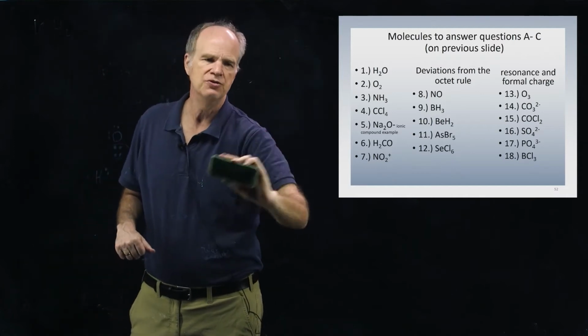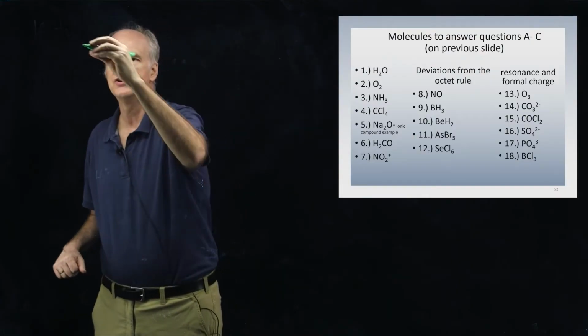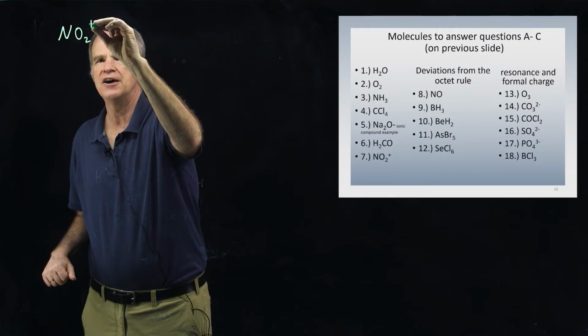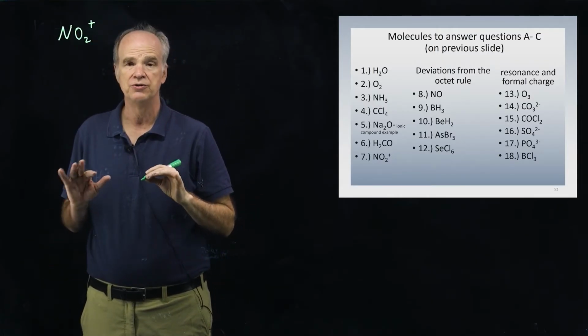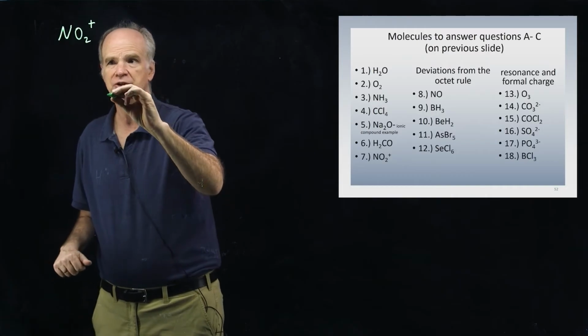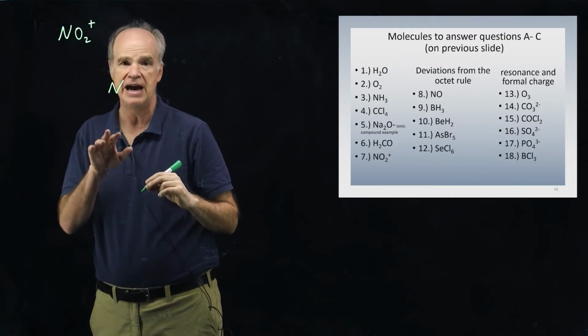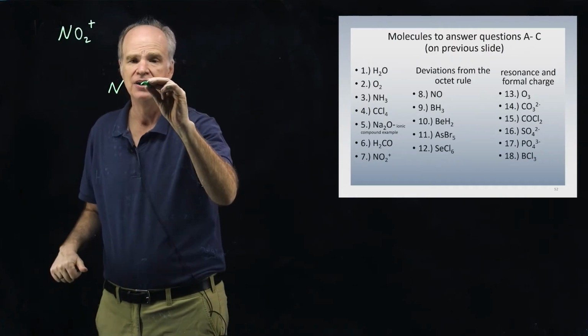The next molecule is a little odd. It is the nitronium cation. Its formula is NO2, and it has a positive charge. I'm going to draw a skeletal structure. There are a bunch of possibilities, but the correct one has nitrogen in the center because it has lower electronegativity than oxygen.